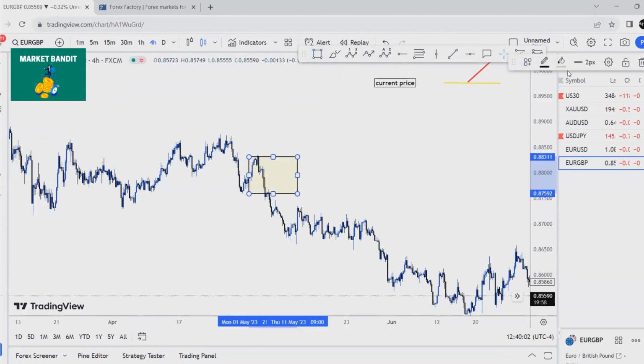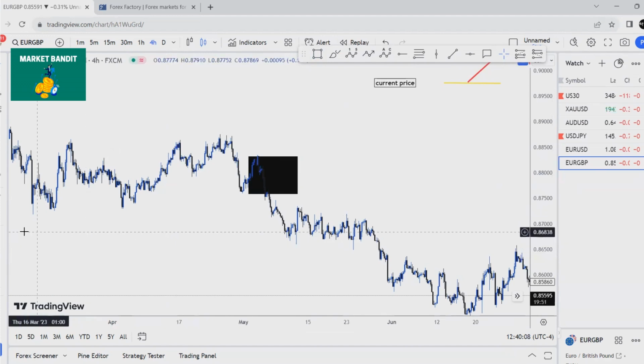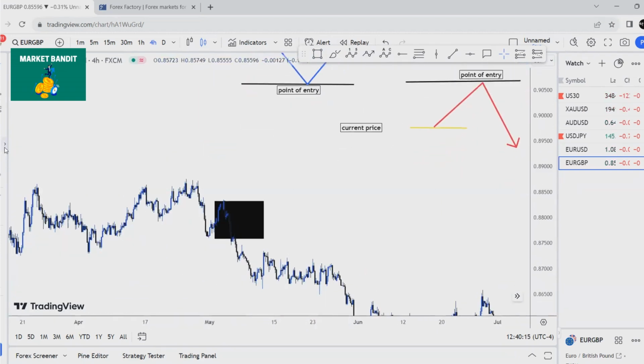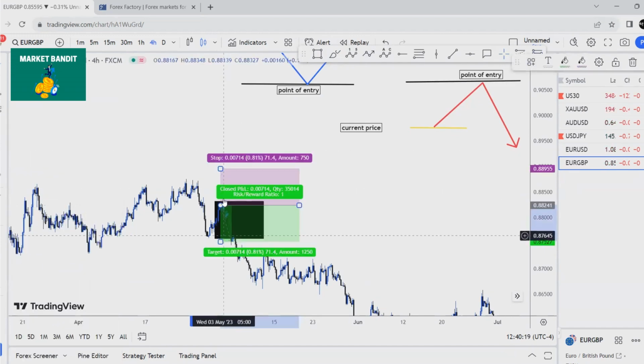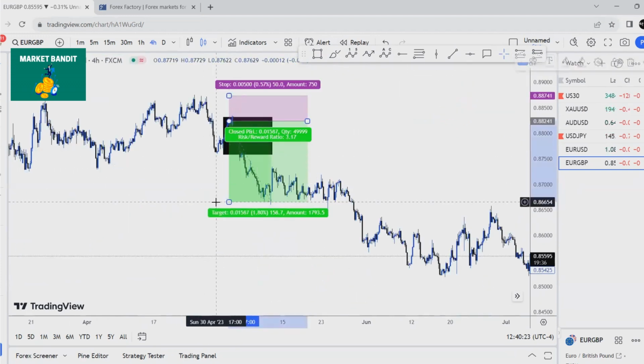Let's color that very black and dark. So we didn't have that area right there, correct? So what we did was, I put the order there, stop loss is here, and say take profit is there.